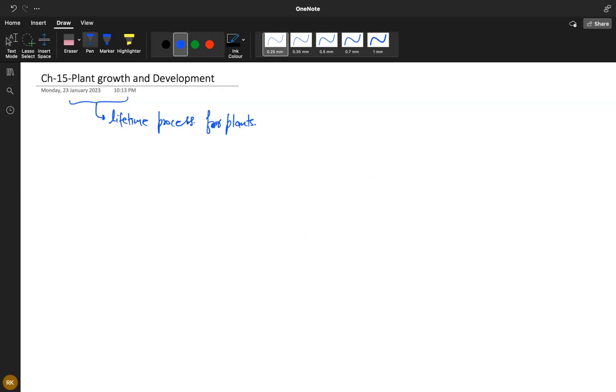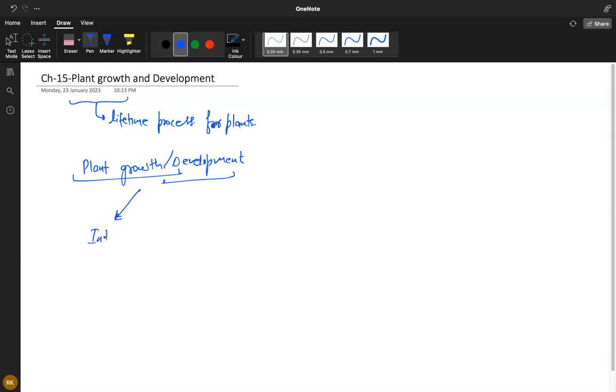Yeah. And we also know that there are many factors associated with plant growth, which are both intrinsic and extrinsic for the development and growth of a plant. Now, intrinsic means internal. Okay. Now, for plant growth, or we call it plant development, there are two types of factors.